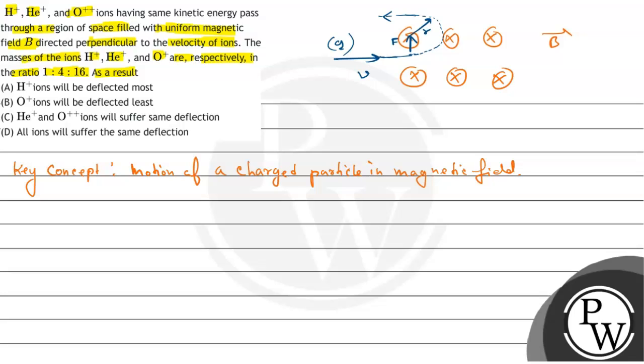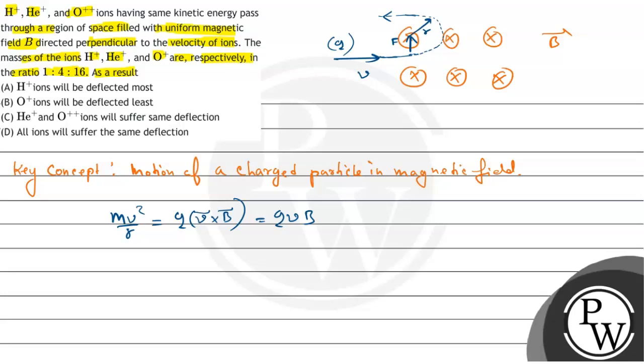So let's say the radius of the circular path is r. So we know that in this case the centripetal force, that is mv square by r, is equal to the magnetic force. So the magnetic force on the charged particle due to the magnetic field B is F, that is q v cross B, that is equal to q v B sin theta.